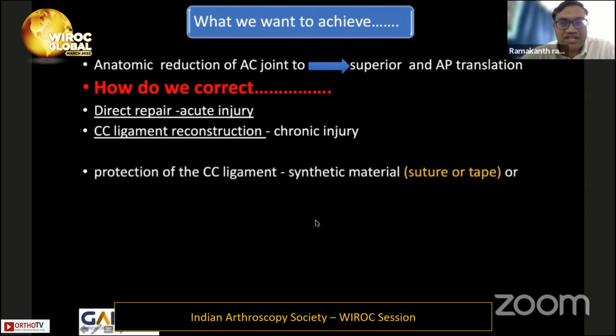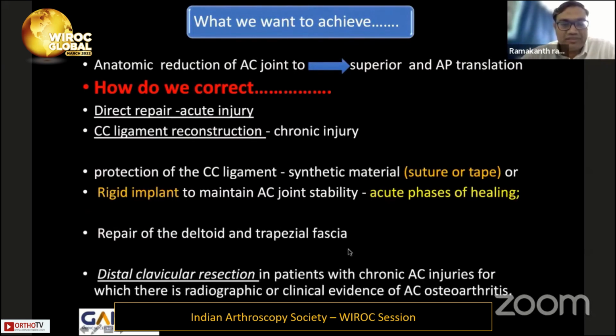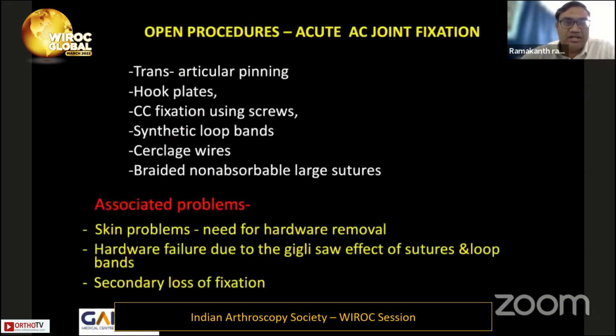The protection of the CC ligament can be done with a synthetic material like suture tape or sutures, and a rigid implant, like an open reduction and then fixing with the rigid implant, especially in acute conditions, and repair of deltoid and trapezial fascia and distal clavicular excision, especially in chronic cases.